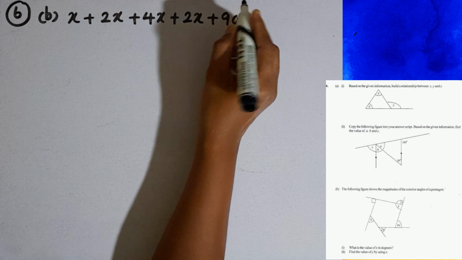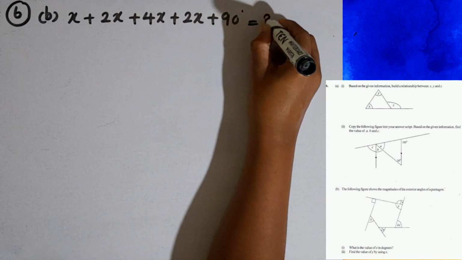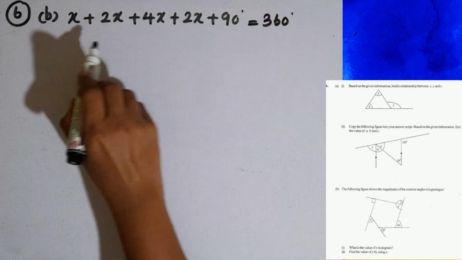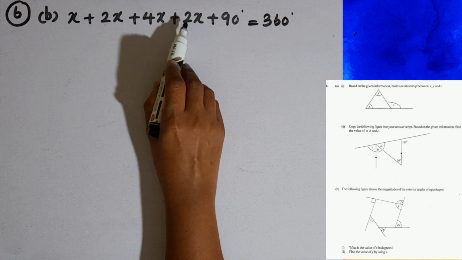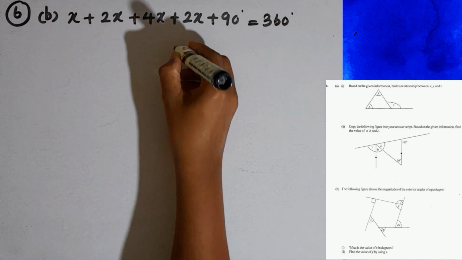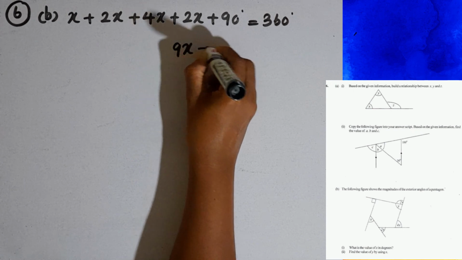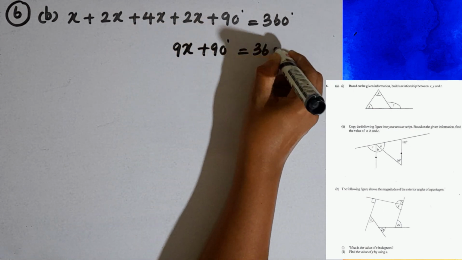These are the 5 angles of the pentagon. The sum is equal to 360. So we can add the like terms. 4x plus 2x is 6x, plus 2x is 8x. 8x plus x is 9x. 9x plus 90 is equal to 360 degrees.